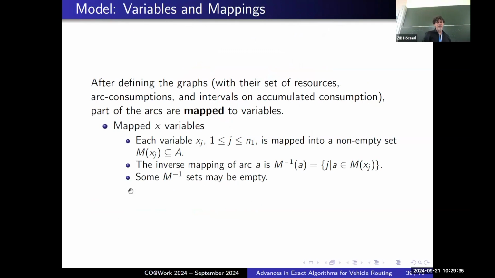After we define the graph, we have a mapping. Some variables are mapped to arcs in those paths, so we have this linear relation between the arcs and the variables.